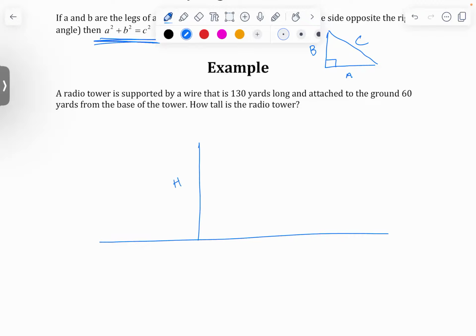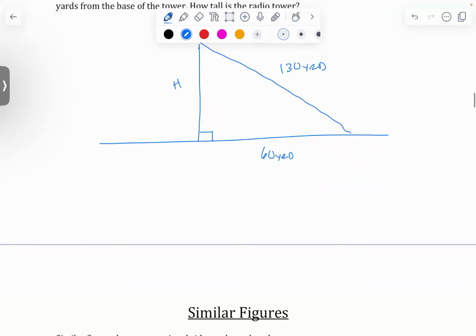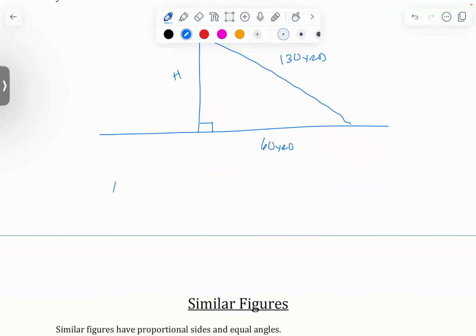So let's call the height of the tower H. That forms a right angle. I have a 130-yard long wire that is 60 yards from the base. And oh, look, I have the Pythagorean theorem.